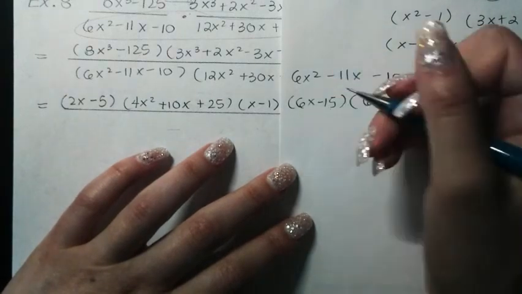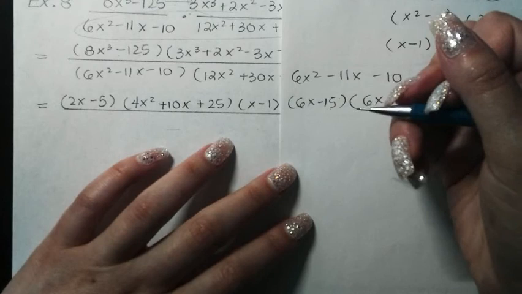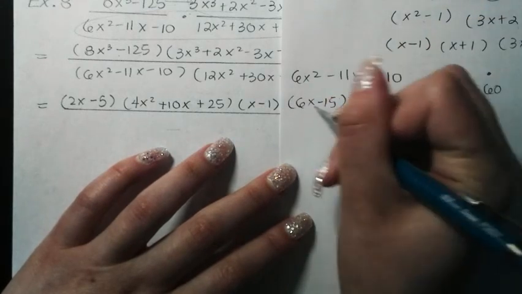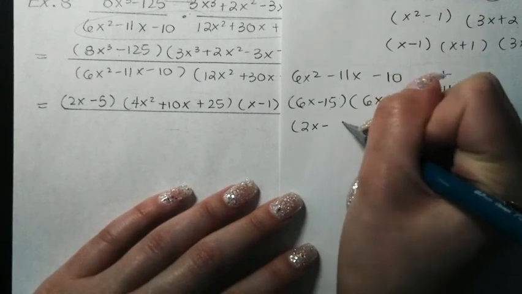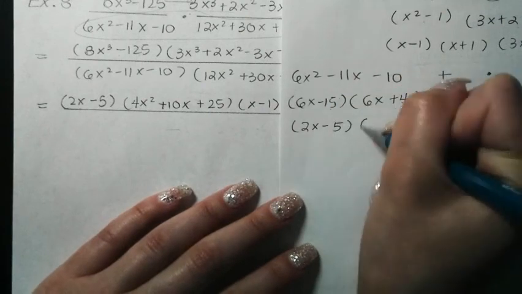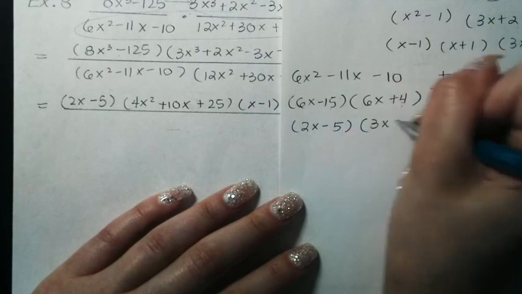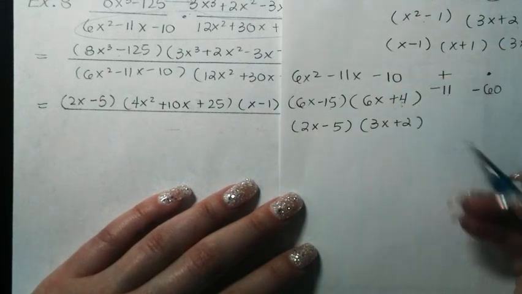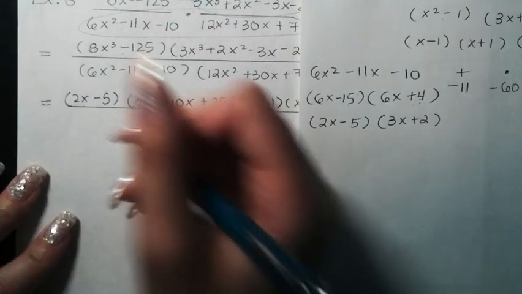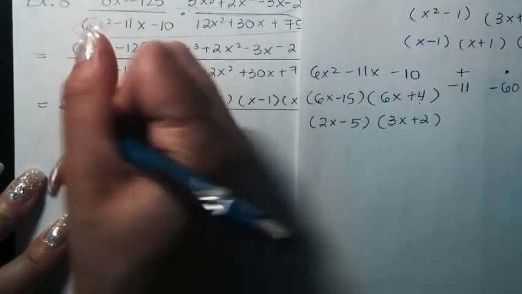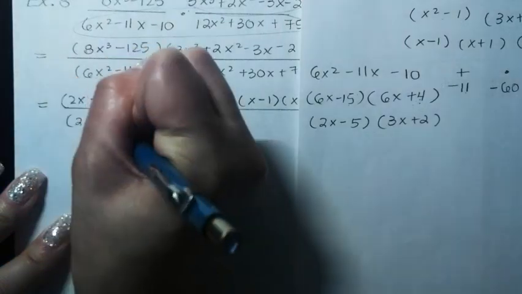Now you simplify as usual. You are going to divide by 3, so you have 2x minus 5, and this one we divide by 2, having 3x plus 2. You check them, it works, they are linear, so I just replace this here. So I have that.